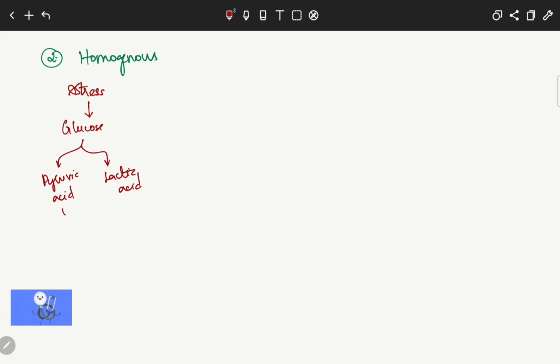That is, only partial digestion of glucose takes place, so only a small amount of energy is obtained from the conversion of glucose into pyruvic acid and lactic acid.